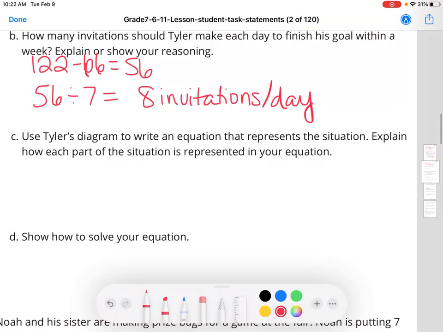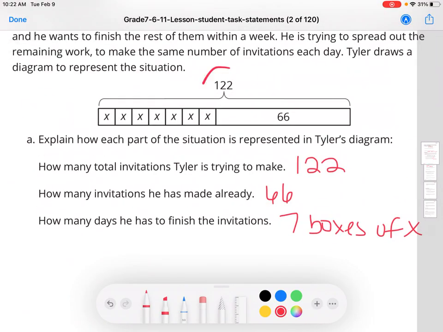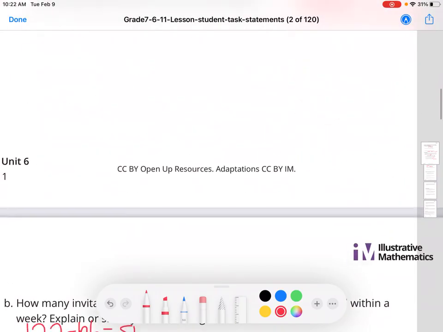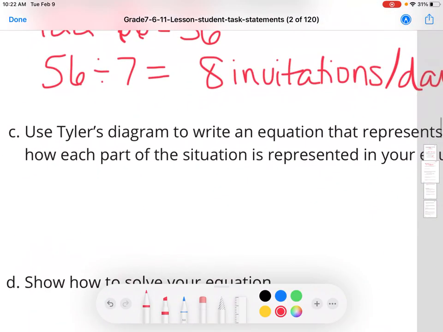On C, it says use Tyler's diagram to write an equation that represents the situation. So we see that our total was 122, and then everything inside the rectangle combined through addition gives me the 122. So I had 7 days of X invitations each.